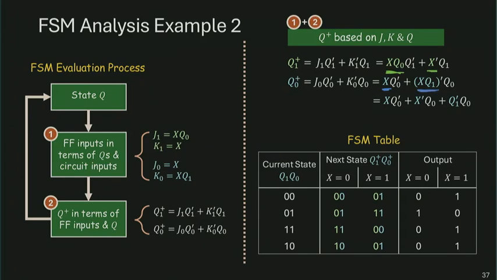And if we do some additional logic simplification, we get to describe the next state in terms of Q0, Q1, which are the current states, and the primary inputs. Now that is a function that matches exactly what we need in the FSM table, a way to describe the next states in terms of current states and primary inputs. So we do some functional plotting to convert those combinational functions into a K-map. For example, I'll draw one K-map for Q1 plus on this side.